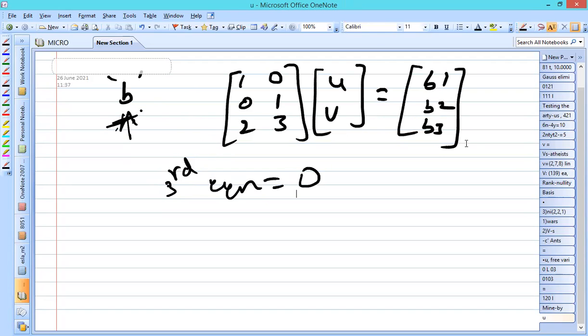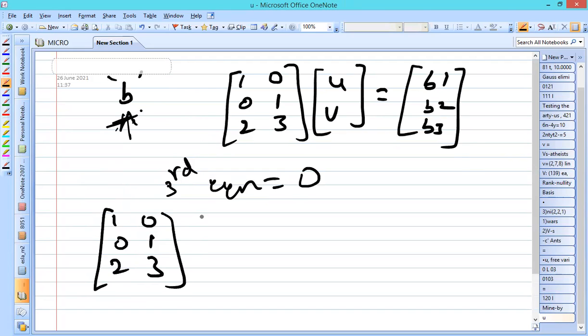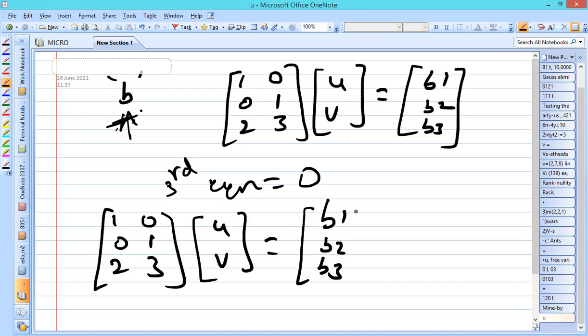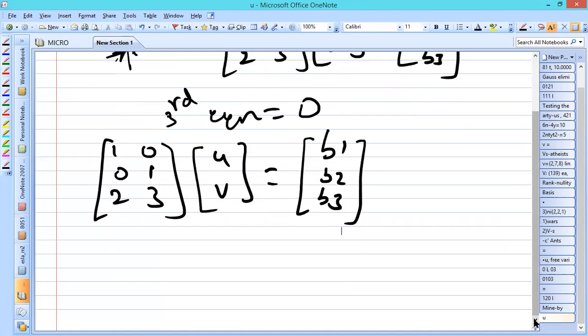Here we'll see how to solve this. We are given the matrix 1 0 0 1 2 3 multiplied with u v, which is equal to b1, b2, b3. Now apply the row echelon method in order to reduce it to the echelon form.